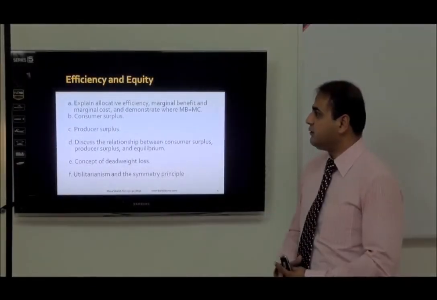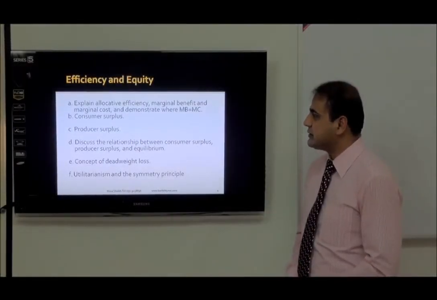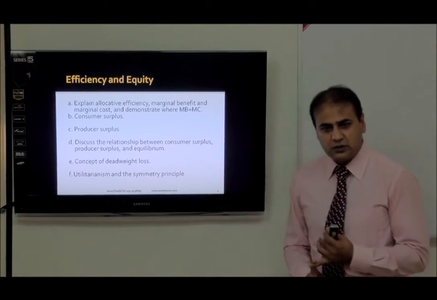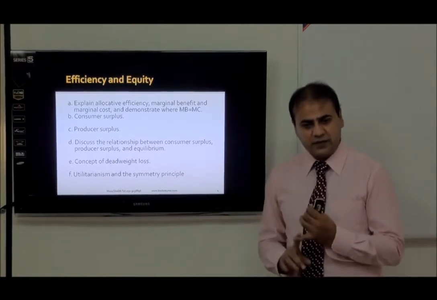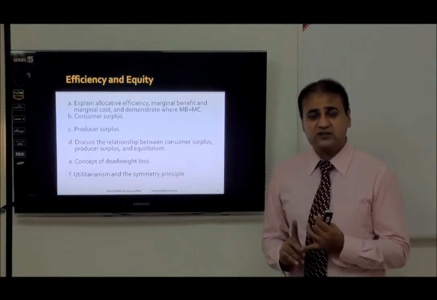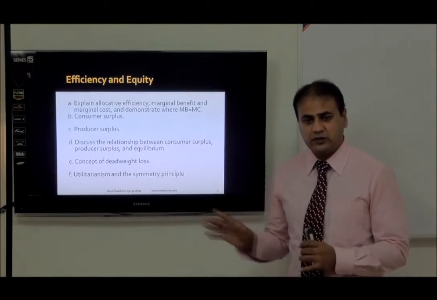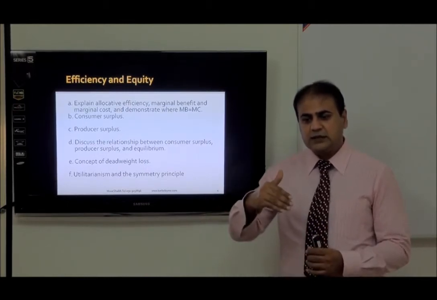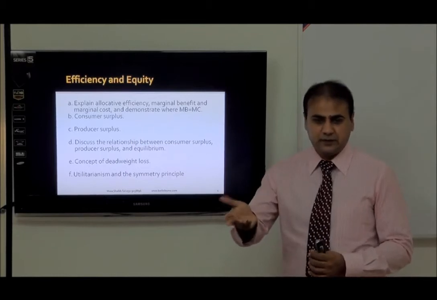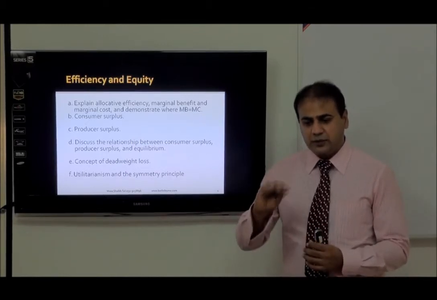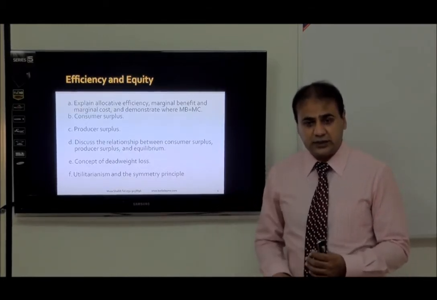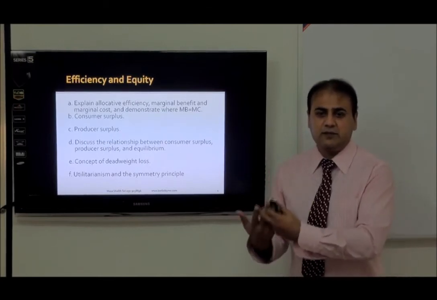Efficiency and equity: what topics are we going to discuss? One is marginal cost. Everything has a marginal benefit and a marginal cost. What is marginal? This word we are going to use frequently. Marginal in simple words is additional. Anything you produce as an additional unit is called marginal.